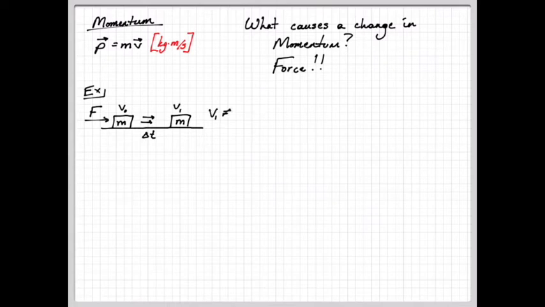So assuming no friction and no other resistive forces, let's just say one force, we change the velocity. So the final velocity is definitely not going to be the same as the initial. So m hasn't changed, but v has. This obviously means that the force we applied changed the momentum of the object.